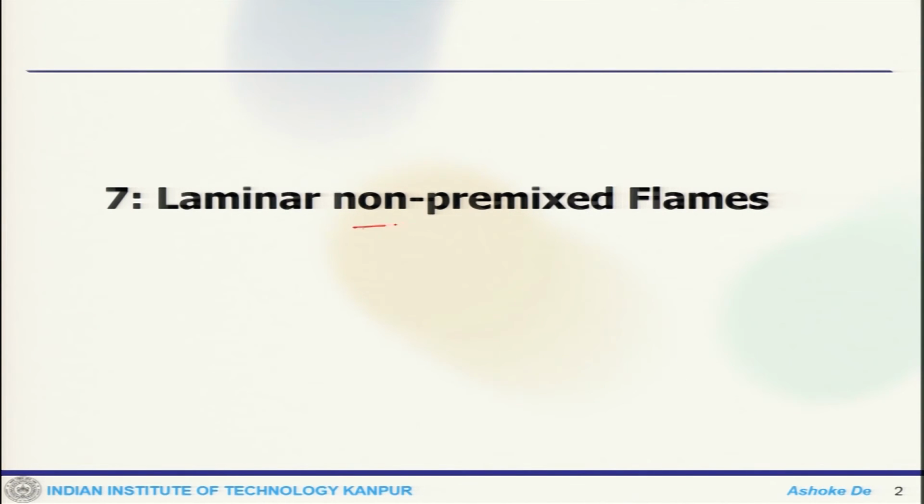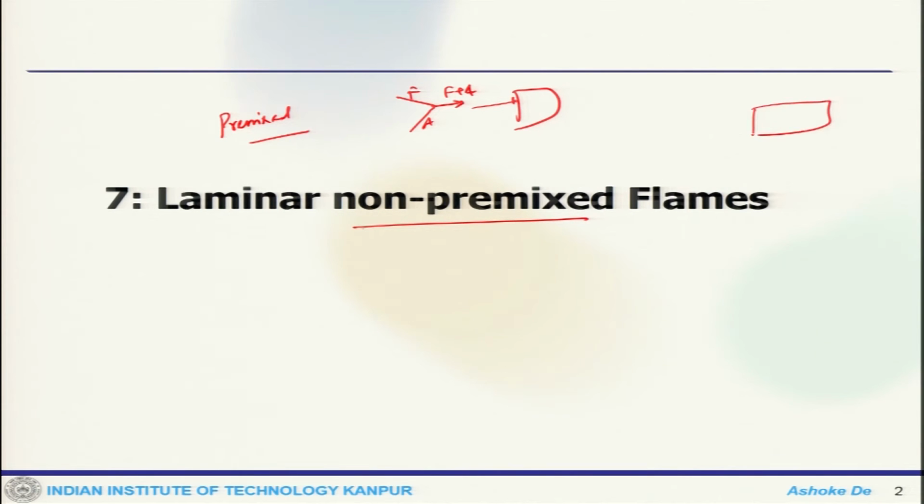Now, when you say non-premixed, which clearly makes a difference between your premix system and non-premix system. What happened in your premix system? The fuel and air are mixed and then they are pushed to the combustion chamber, and in a non-premix system, if this is your combustion chamber, fuel and air are injected separately, and the mixing takes place due to molecular diffusion inside the chamber before the ignition takes place.